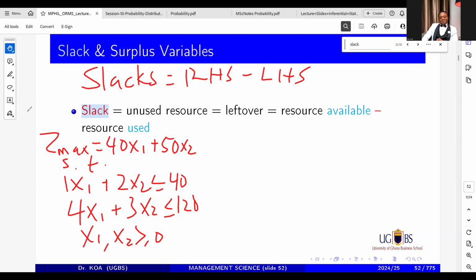We can convert this into the standard form. What you are seeing here right now is not a standard form, but we can convert this to the standard form. And the way to convert this to the standard form is by introducing 2 things. One, introducing equalities instead of inequalities. Write it down.